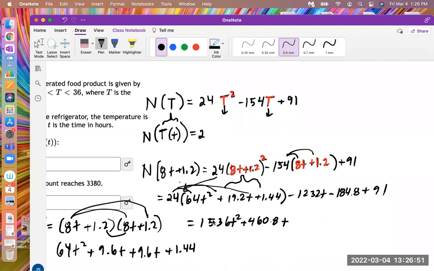Okay, then 1.44 times 24, 34.56. Then I'm just going to copy everything down. I'm not trying to do too many steps at one time.